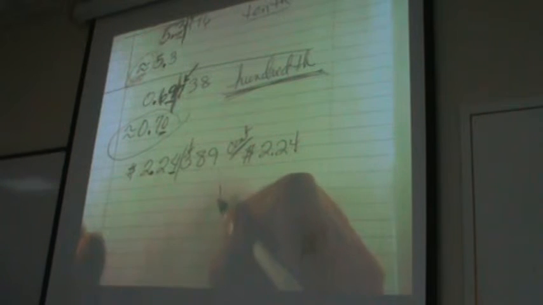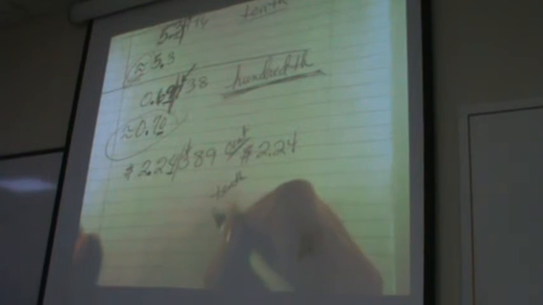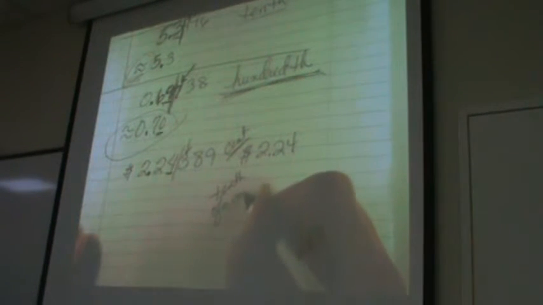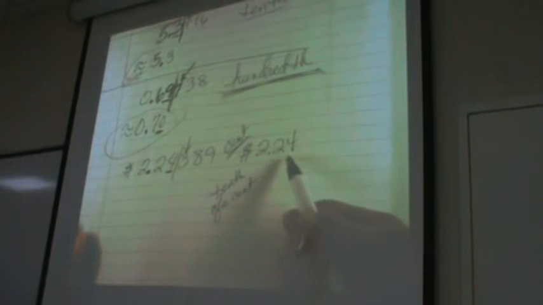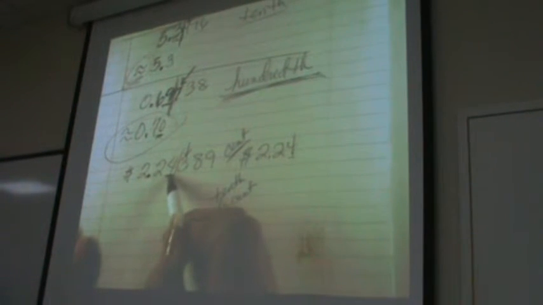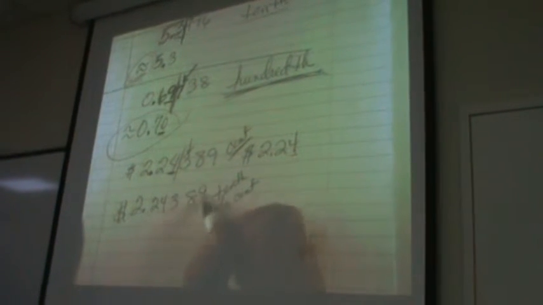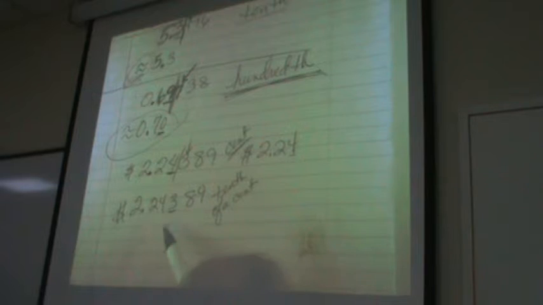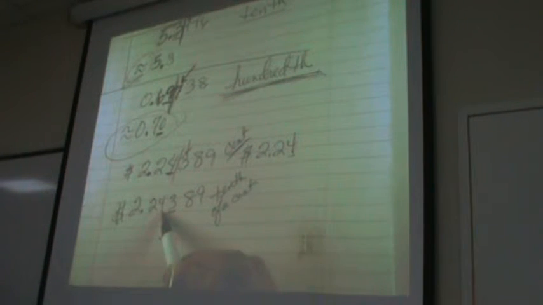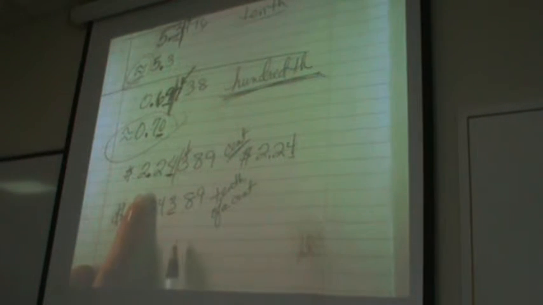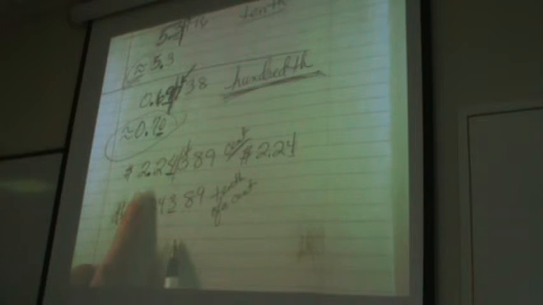If you were going to the 10th of a cent, since the cent is right here, 10th of a cent would be the one following it. So if you were doing it to the nearest 10th of a cent, you're rounding it to the number following the cent. As if this were 24.389 cents, that would be your 10th of a cent.